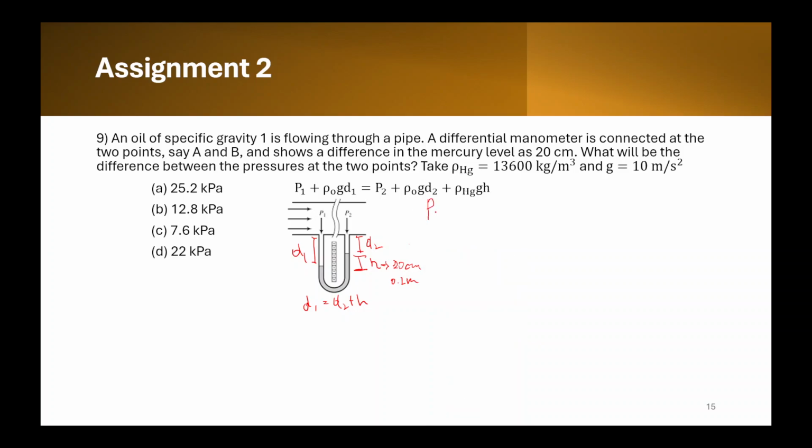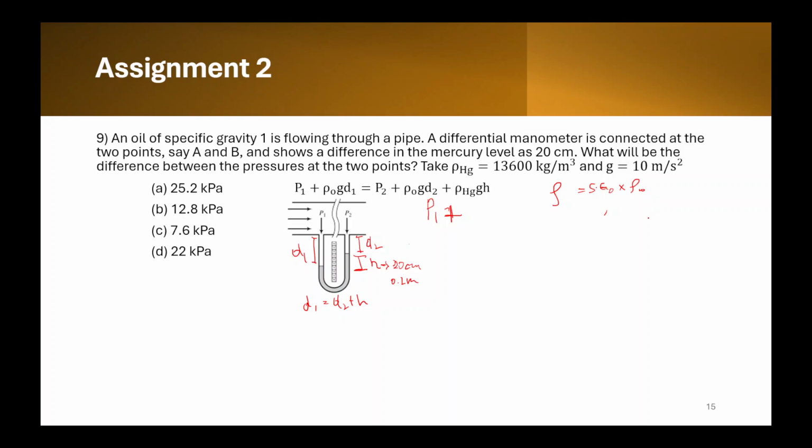So P1 plus rho 0, the specific gravity of oil into rho of water.